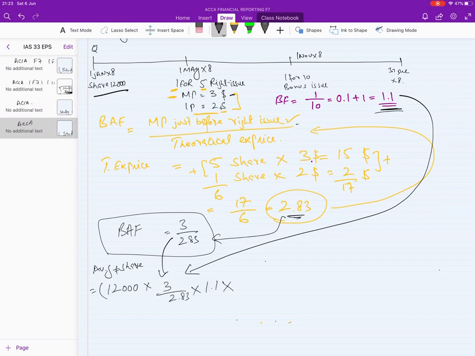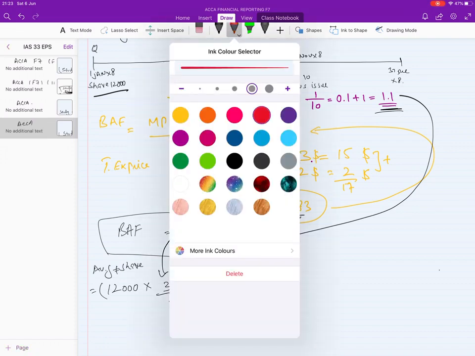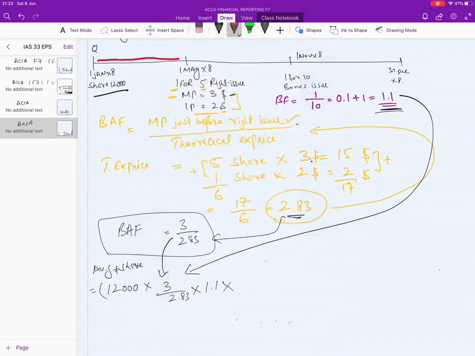Okay, and how many months are these outstanding? These are outstanding from here till here. It means January, February, March, April. It means 4 months. Take effect for 4 months. Plus, now the rights issue event has arrived.